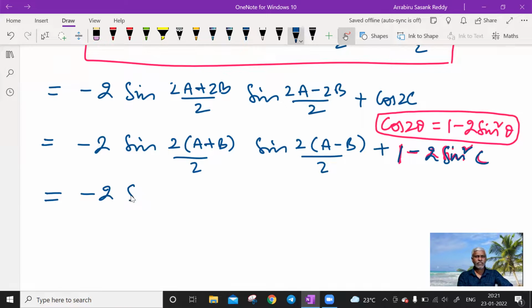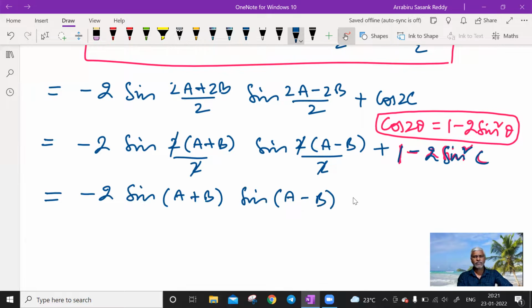Minus 2 sin, if you cancel 2, it is sin(A plus B) sin(A minus B). I am writing minus 2 sin square C, then plus 1.